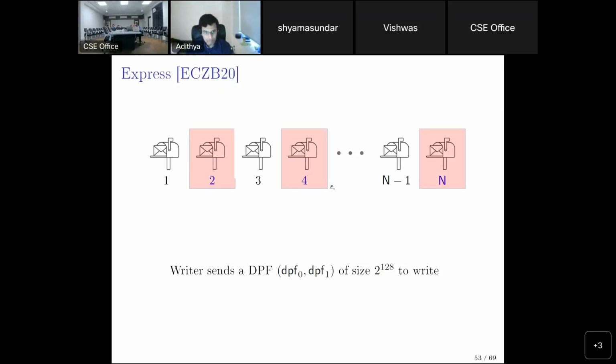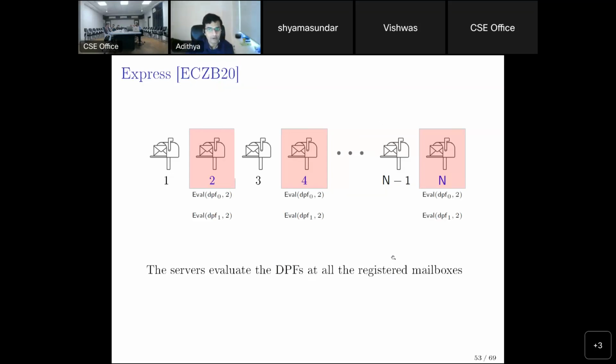Now a writer, which you can think about as a whistleblower who wants to send some information to one of the journalists, would know the mailbox ID of this journalist, who would have communicated it to them via some private channel. They send huge DPFs of size 2 to the 128, but the Express server doesn't need to evaluate the entire DPF over the whole domain of 2 to the 128. They evaluate it over only the registered mailboxes, and you add them up, and of course, again by the DPF property, you would be writing the message into the desired mailbox.